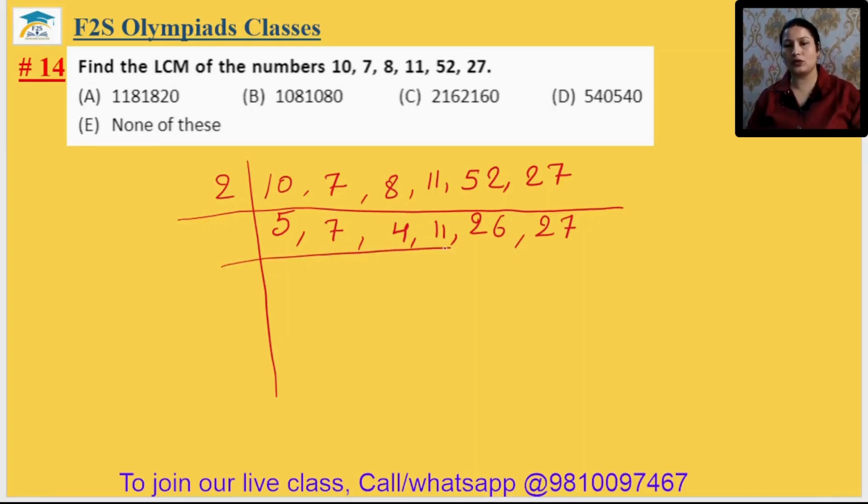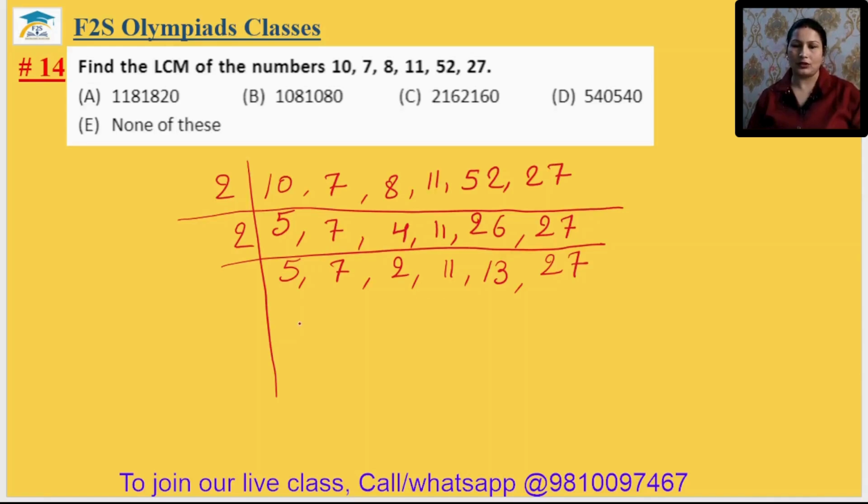Now we can take 2 again as the common factor. 5, 7, 2 2s are 4, 11, 13, and 27. Now is there any common factor? 5, 7, 2, 11, 13 and 27. I don't think there is any common factor between these numbers.